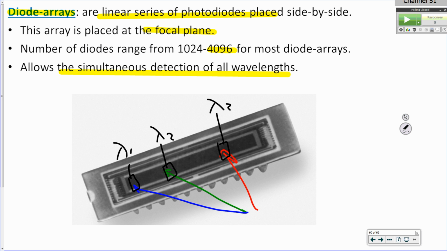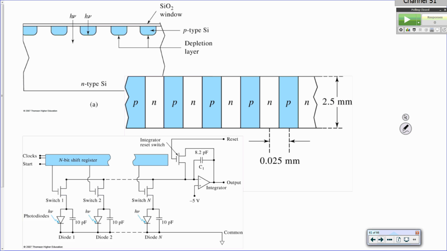You detect all the wavelengths together. In fact, my little toy detector that I use, that's what's inside of this little guy, because it's a photodiode array. So you can really make these things compact, and they're amazingly powerful compared to what we could do even 20 years ago. They're phenomenal.